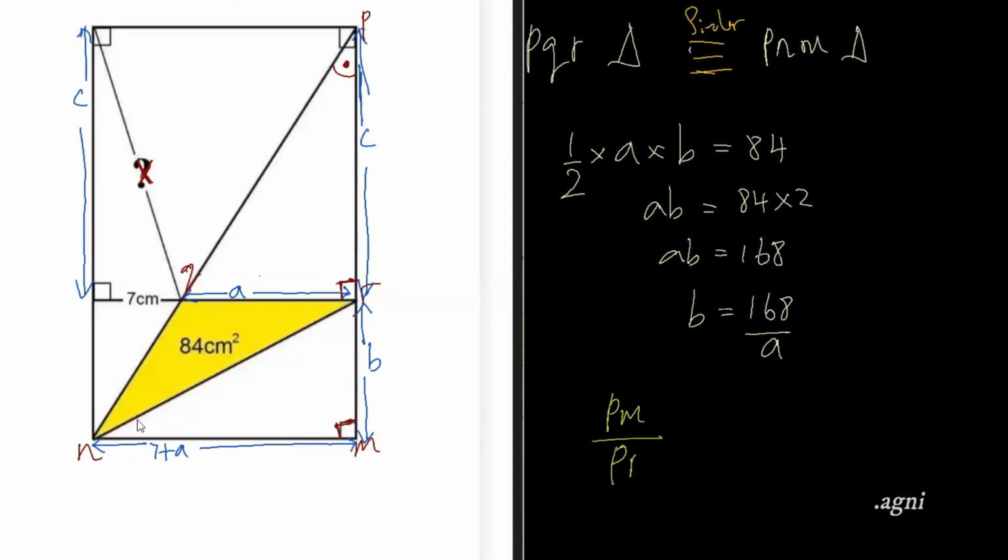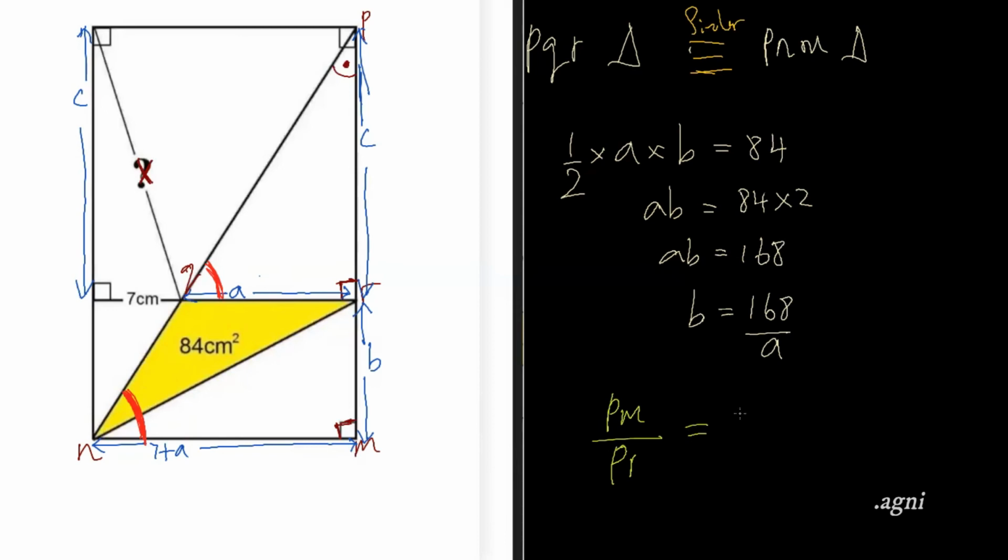We have to consider the angles actually, right? So you should know this thing. This angle is going to be equal to this angle, because they are similar. So you consider this colored angle and look at the opposite length. So for angle N, the opposite length is PM. So PM divided by PR should be equal to NM over QR.